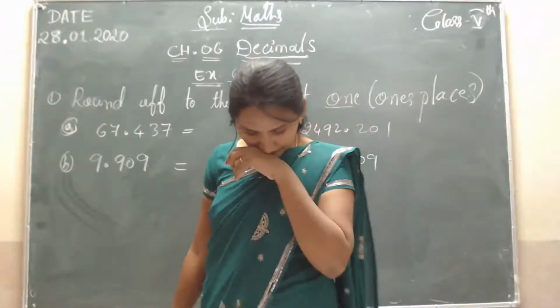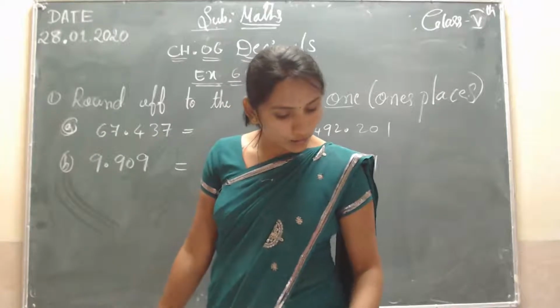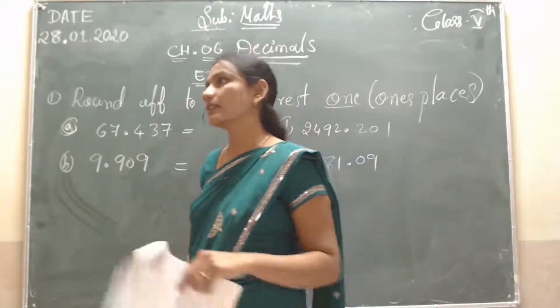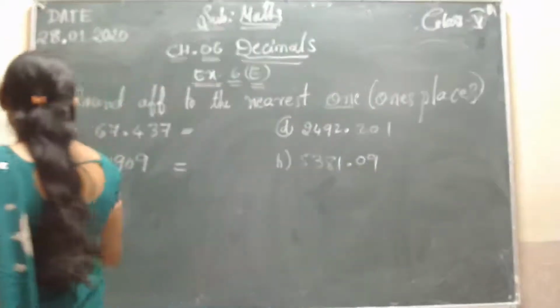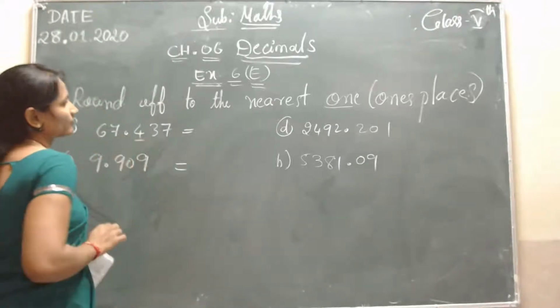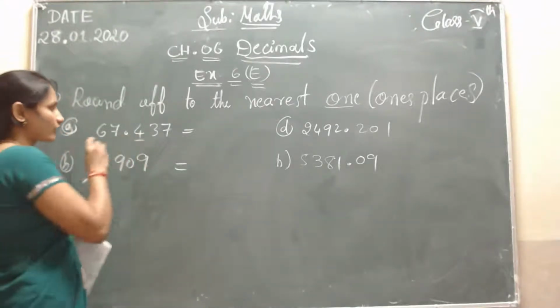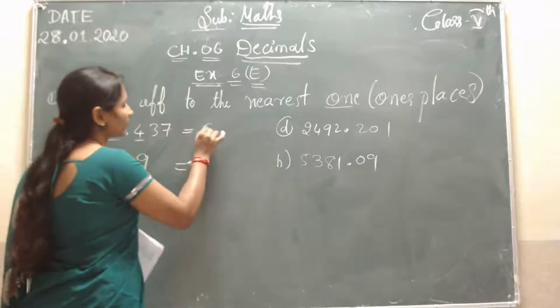Students, rounding to the nearest 1: see, this digit is 4, which is a weak number, so you consider 67.